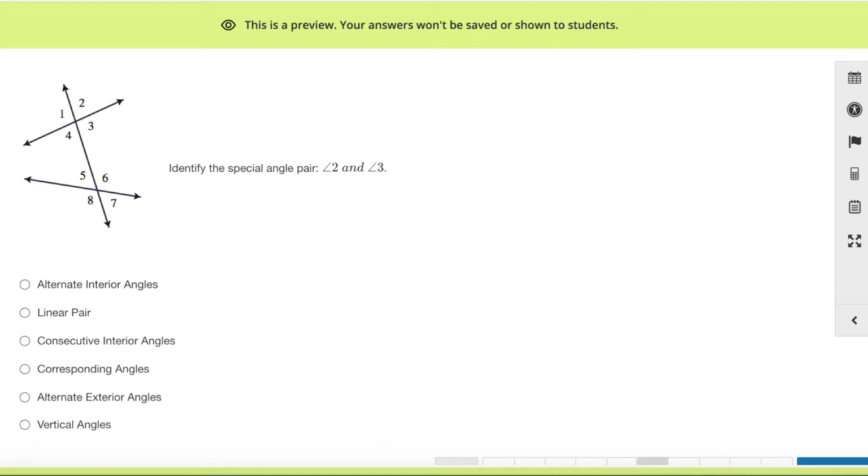Angle 2 and angle 3. Angle 2 and angle 3 are adjacent angles. There's angle 2 and angle 3. Adjacent angles, opposite sides here, going opposite directions. They are going to be what are known as a linear pair.